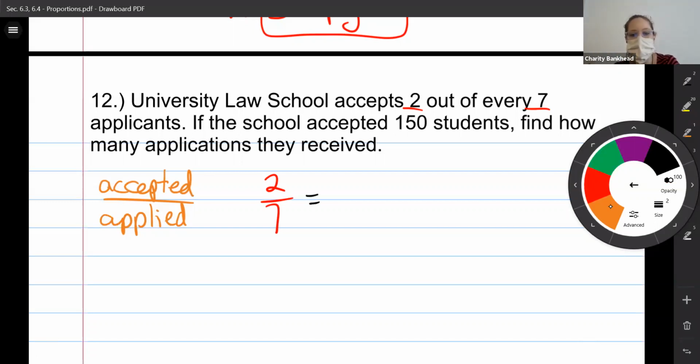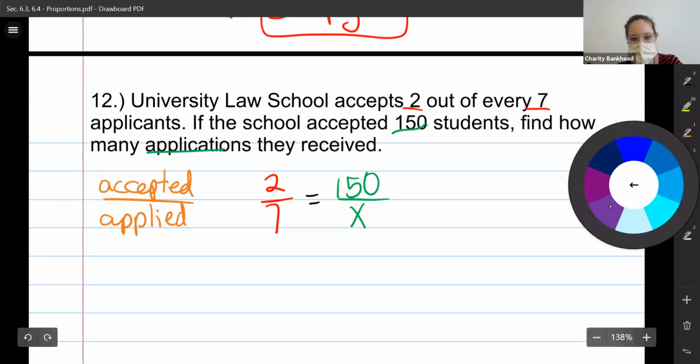if they accepted 150, how many applications? So accepted is 150, and that's over X, which is the unknown, the number of applications. So 2 over 7 equals 150 over X, and then cross multiply.